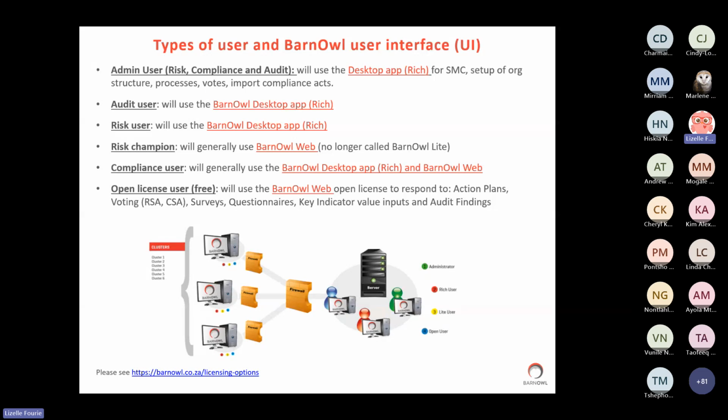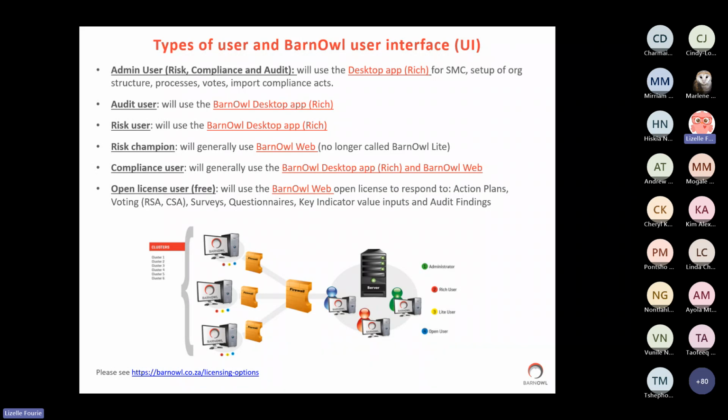And then lastly, on the screen, you will see that we get the open licenses. And these are free licenses that we are obviously going to discuss during today's session. Now, these licenses, I always say T's and C's apply. So the T's and C's that apply are that these licenses are available for everybody in your organization, but they do need to be on your domain.